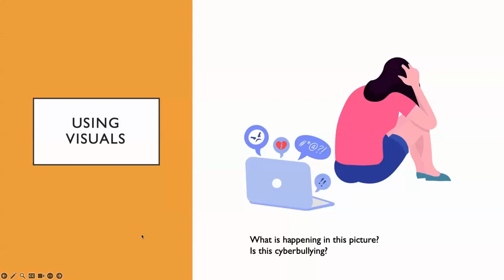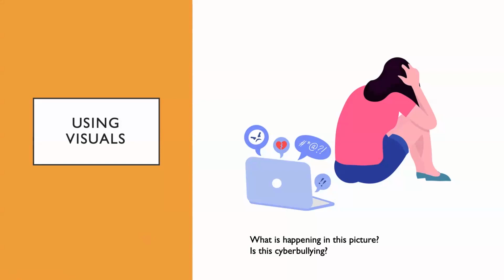So this is a visual that I have used for cyberbullying. Again, I'm creating a better one to go with cyberbullying. But when we talk about this picture, we talk about what's coming out of the computer and how the girl is feeling. She's facing away from everybody and her head's down. She looks like she could be sad and that she doesn't want to talk to anybody.